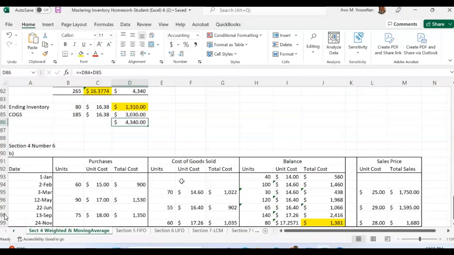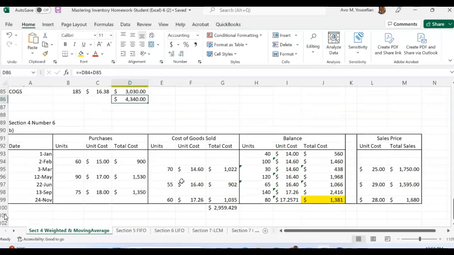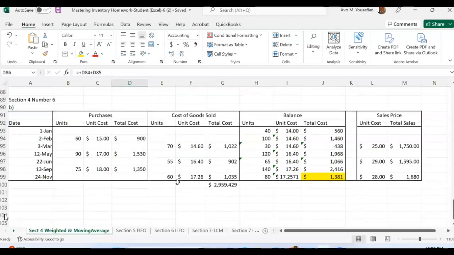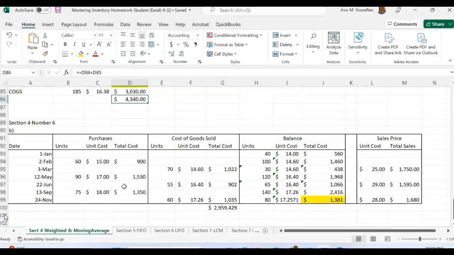Now, the same thing, if you like to do perpetual, you have to do this table. Okay, so the table is beginning January, we have 40 units at 14, and that gives us $560. We purchased 60 units at $15. We multiply that, that's $900.